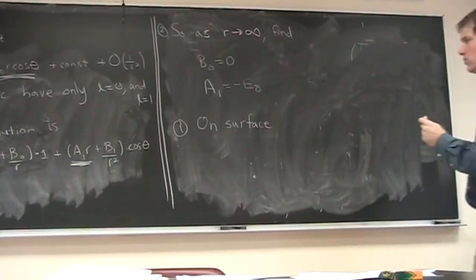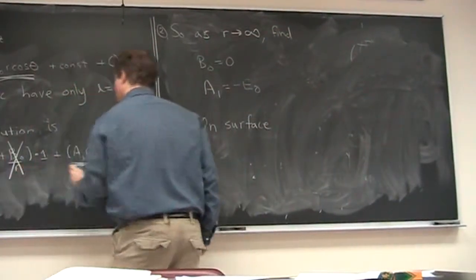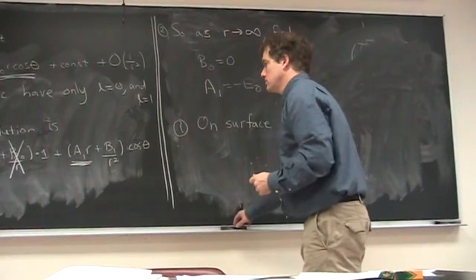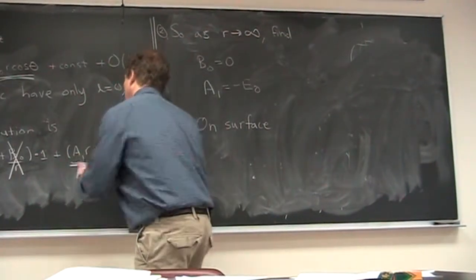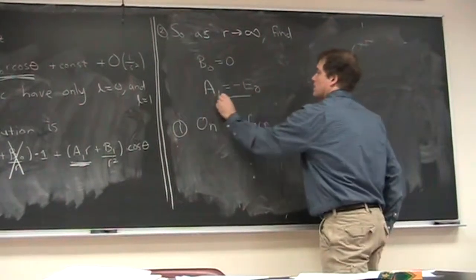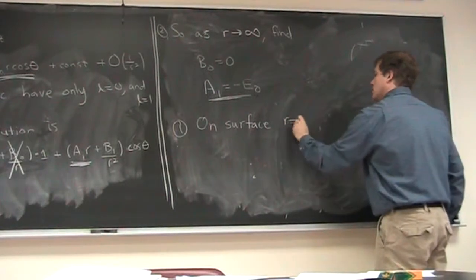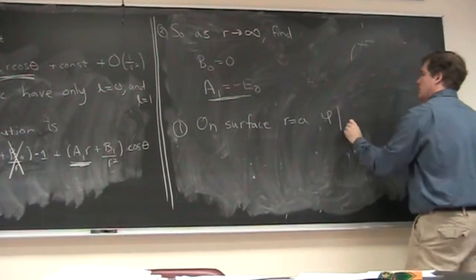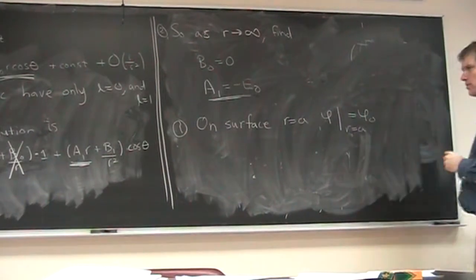So let me put in the known data. A1 is minus E naught. On the surface, phi equals phi naught, and that fixes the remaining terms.